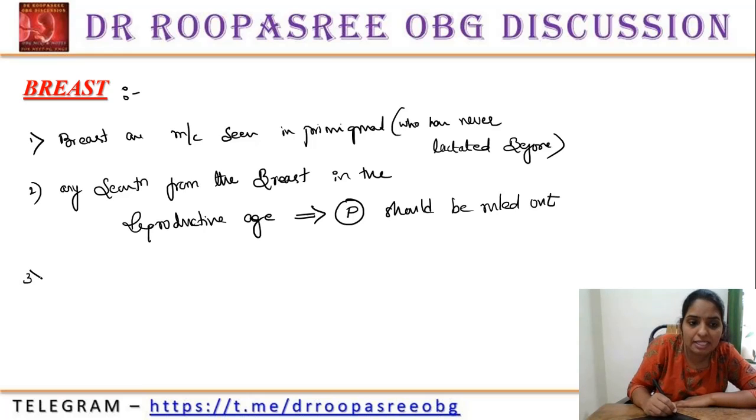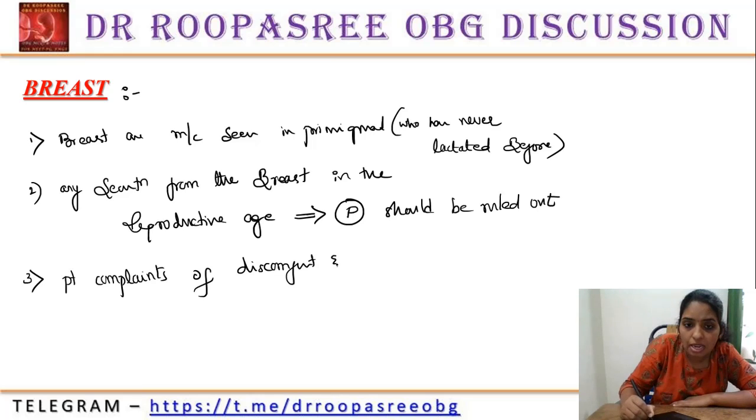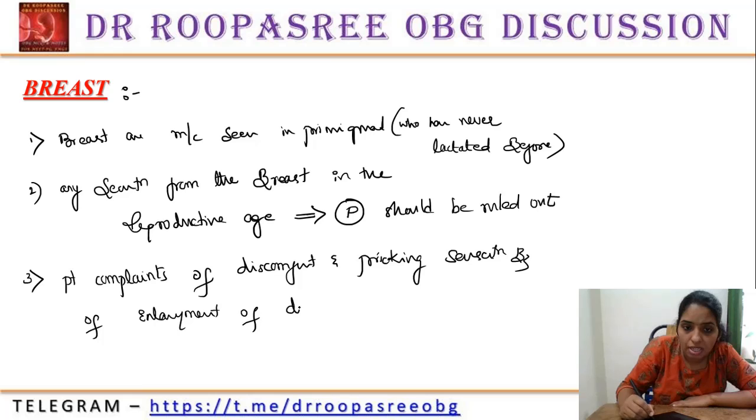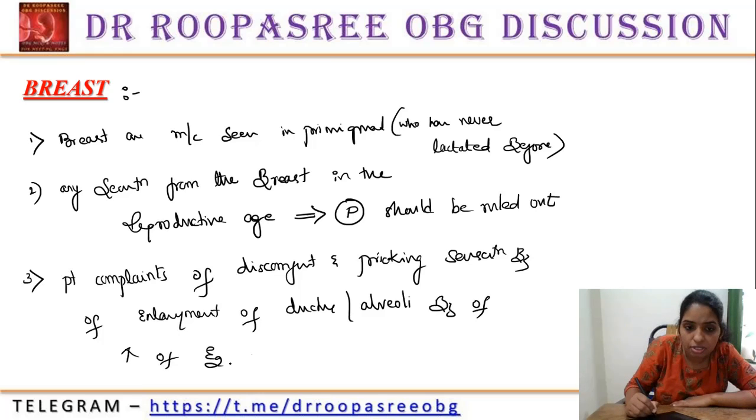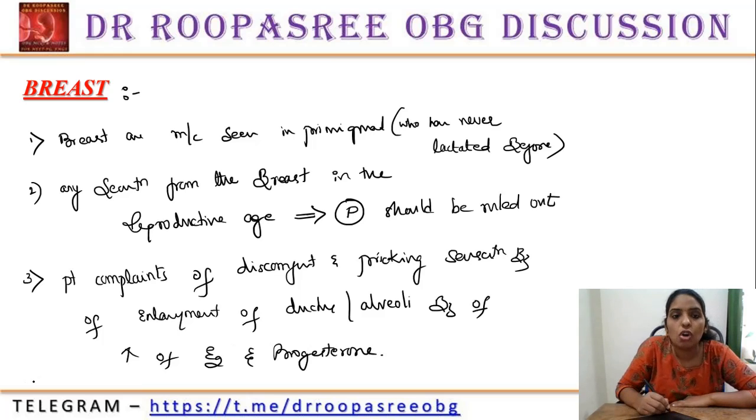And in pregnancy, the patient complains of pricking discomfort and pricking sensation because of enlargement of ducts and alveoli, because of increase of estrogen and progesterone.